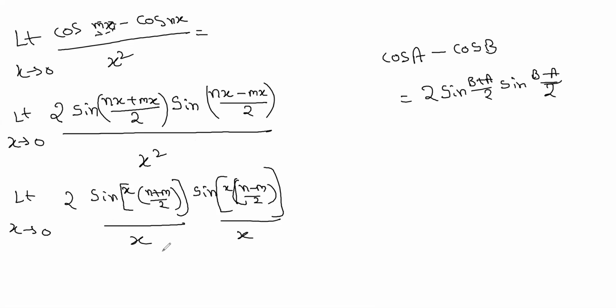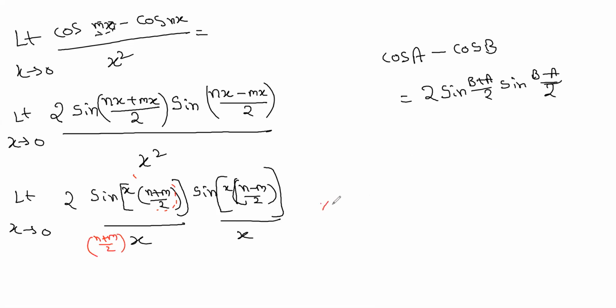Now, if I compare this, it is somewhat like sine x by x. If here it is a, here it should be ax. Now we just have to make it in that way. So in the place of a, what we have is n plus m by 2. We will multiply and divide with n plus m by 2. Here also n plus m by 2.